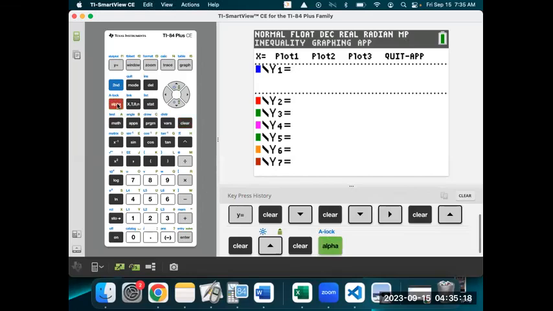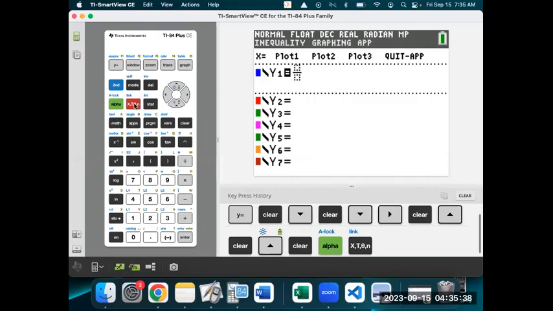And you can also see my key history here at the bottom of the screen. I personally own one calculator that does this and one calculator that doesn't. So if you can't, then that's fine. Just make sure that whenever you're doing rational functions, you're typing them into your calculator appropriately.